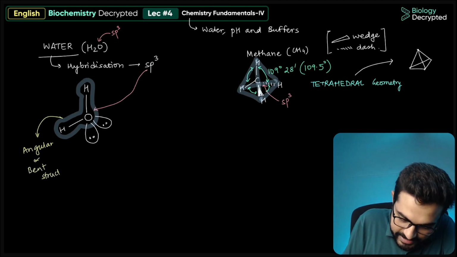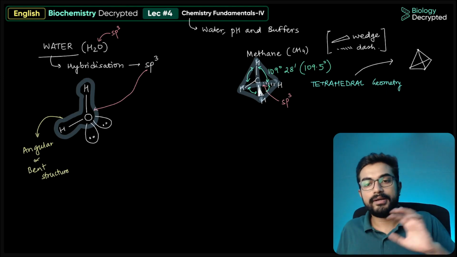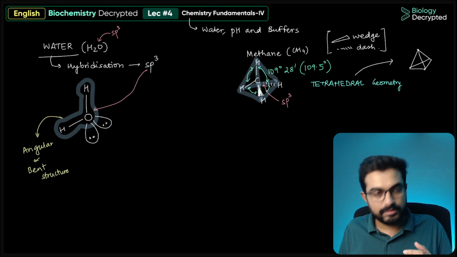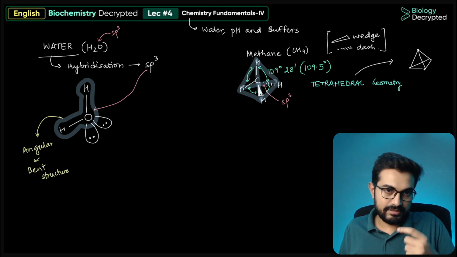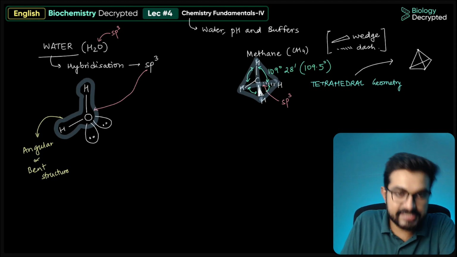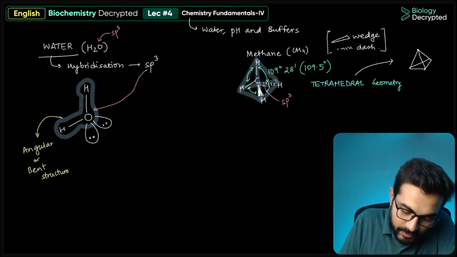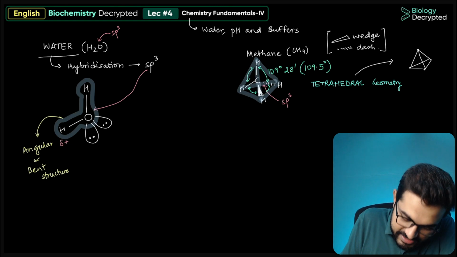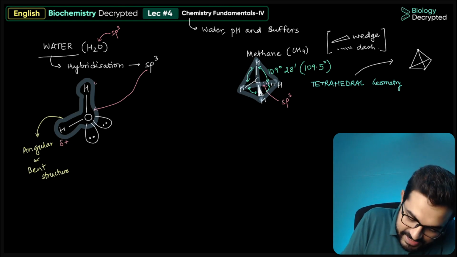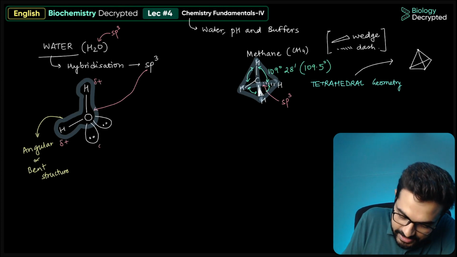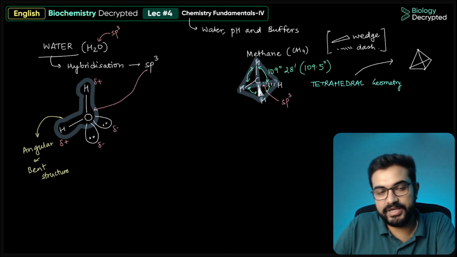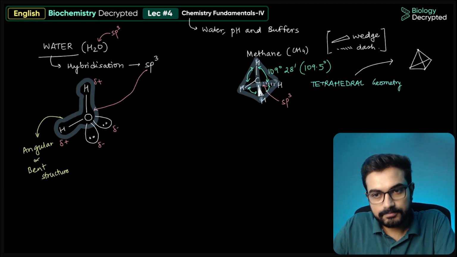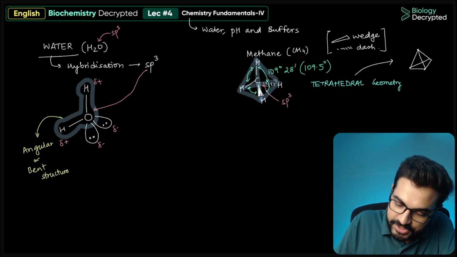Also, the bonds are polar. There is an electronegativity difference between hydrogen and oxygen, and because of this, each hydrogen has a partial positive charge, and the oxygen with its lone pairs has a partial negative charge.